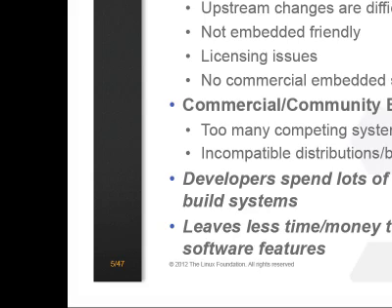For commercial and community embedded Linux, there are too many competing systems and often they come with incompatibility. As a result, using the traditional embedded system design cycle and tools and environment, developers have to spend lots of time porting or making build systems, and that leaves less time or money to develop interesting software features.